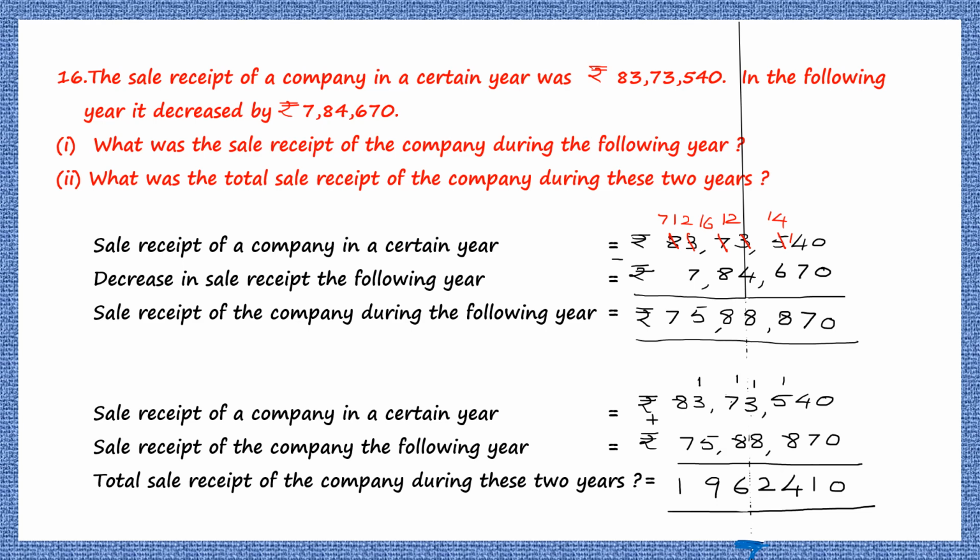And 8 plus 7 is 15. So this is rupees. Now let's place our commas to read the number. So what do we have here? 1 crore 59 lakh 62,410 is the total sale receipt of the company during the 2 years.